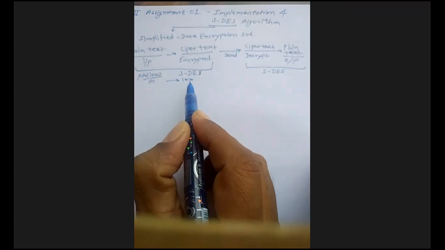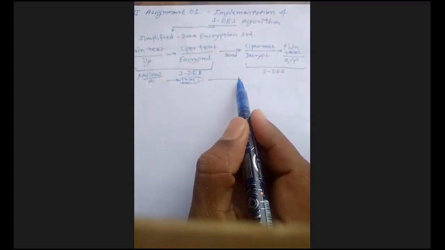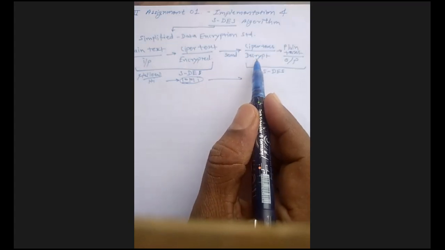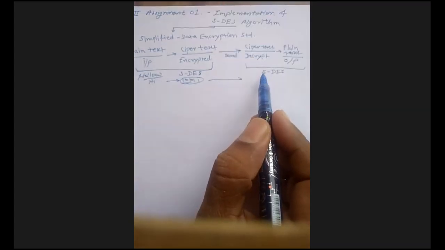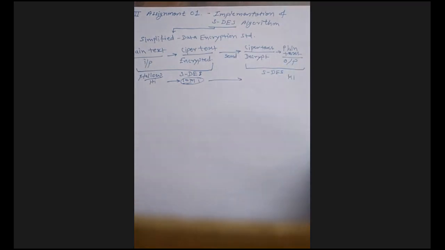It is converted from text to 1010, any binary values. I have taken this as an example to send to the receiver, who decrypts this message again, and the output message comes out as plain text. So how is this going to be performed?